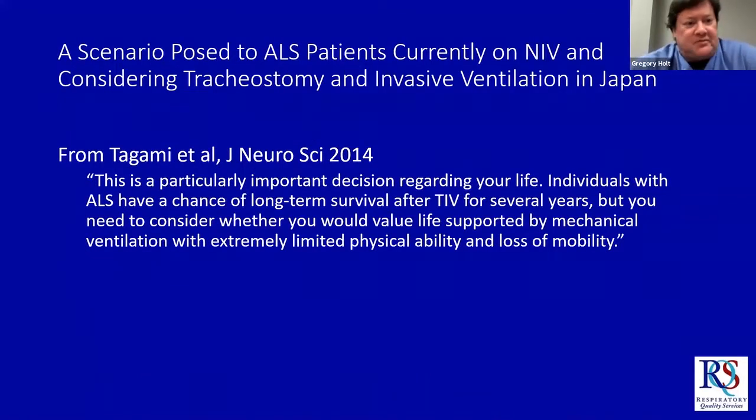Here's a question from a Japanese group working with ALS. The idea is a decision regarding your life. You have a chance at long-term survival after tracheostomy and invasive ventilation for several years, but you need to consider whether you would value life supported by mechanical ventilation with extremely limited physical ability and loss of mobility.